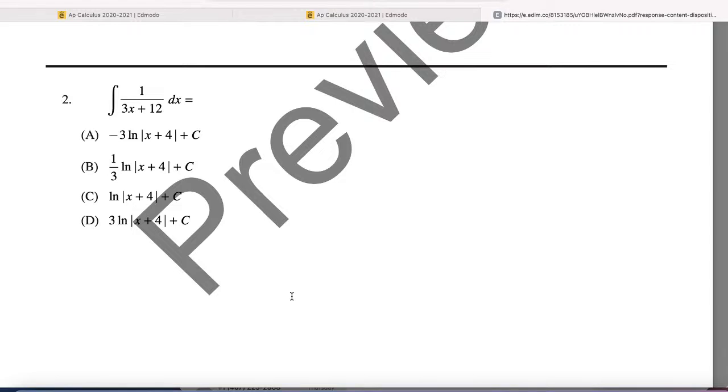I take 1/3 outside, so it's just going to be 1/3 natural log of x plus 4 plus c. If I use substitution, then du is equal to dx. But let me see what's wrong with this one, because I took out the 1/3 for the du over 3. I took the 3 out. But then it would be absolute value of 3x plus 12.